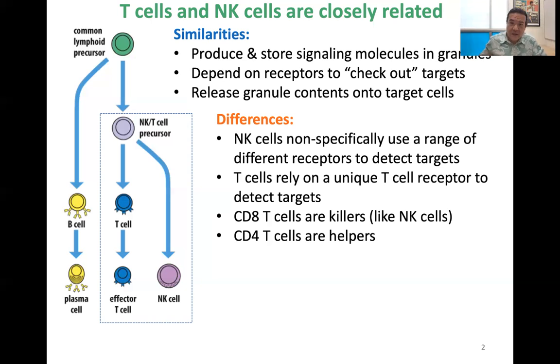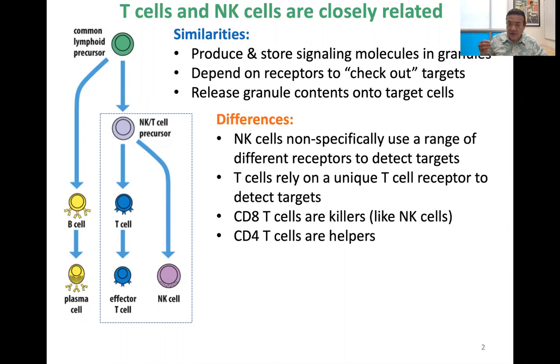So the differences between T cells and NK cells are that the NK cells non-specifically use a range of different receptors on their surface in order to read or interpret or check out what the cell is that it's pressed up against.